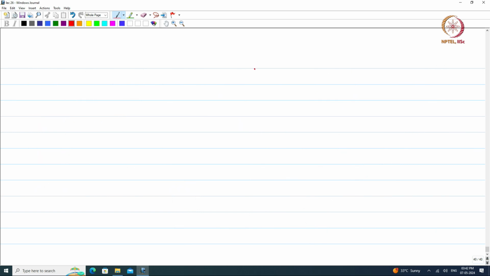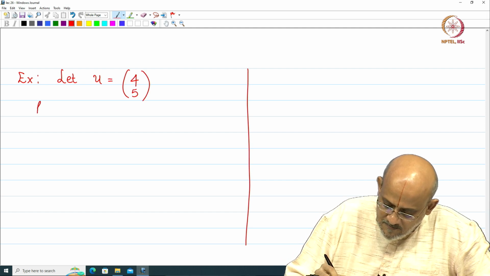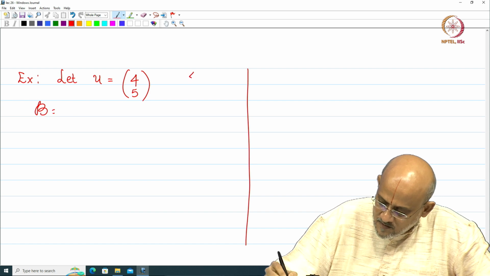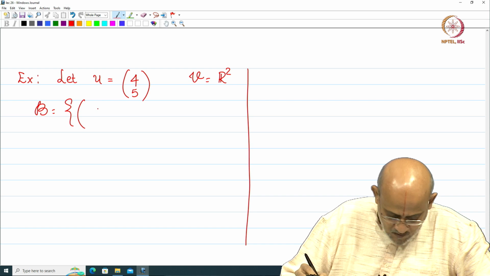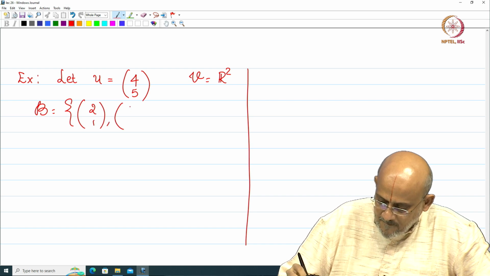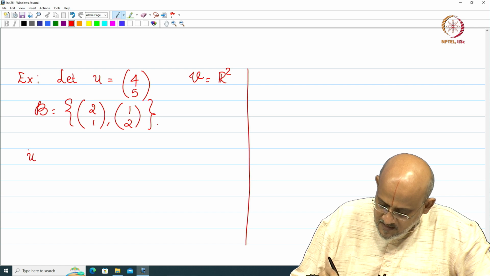Let us take a quick example and then go ahead. Let u be the vector 4 5 and let B be a basis for R2. I am going to consider the vector space to be R2, the basis for which is, let us say, 2 1 and 1 2. Now we want to find the basis expansion for this.